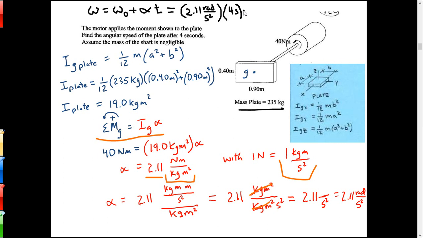So when you work through that, you'll get 8.44. And one of the seconds on the bottom will cancel, so you just get radians per second. So that would be the angular speed there after 4 seconds.